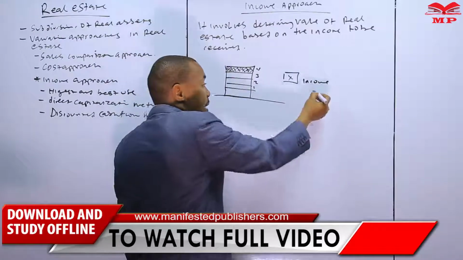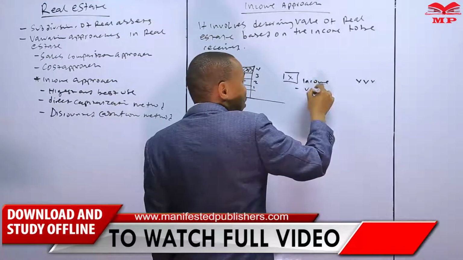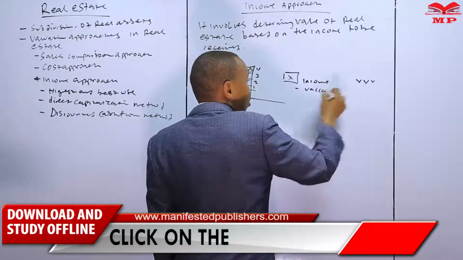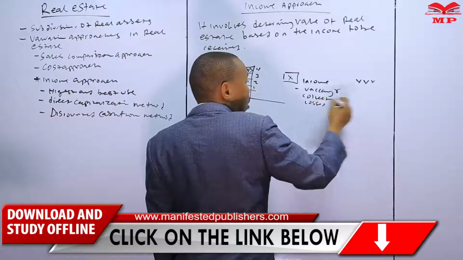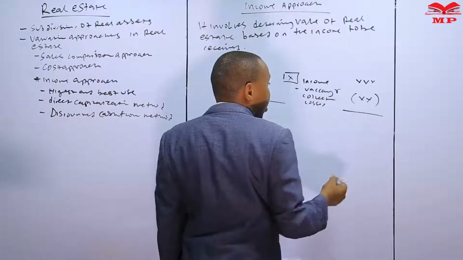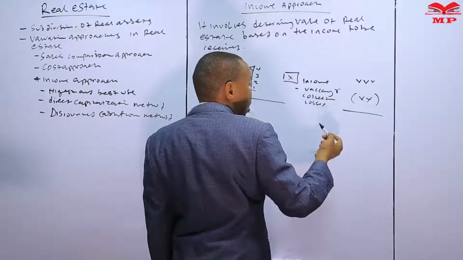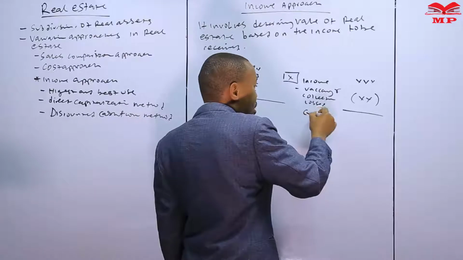Once you do that, you get the gross potential income, GPI.